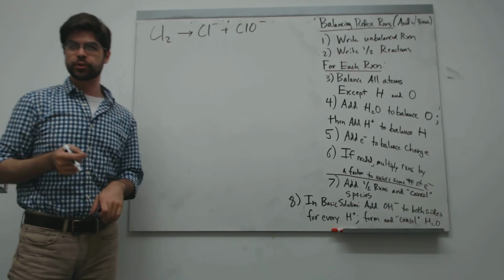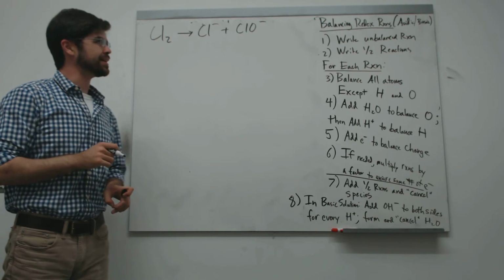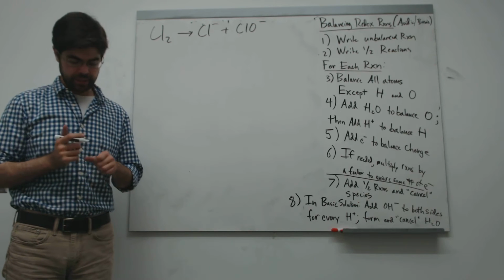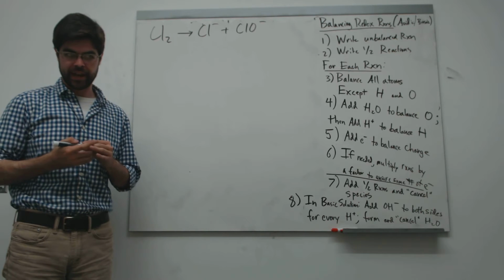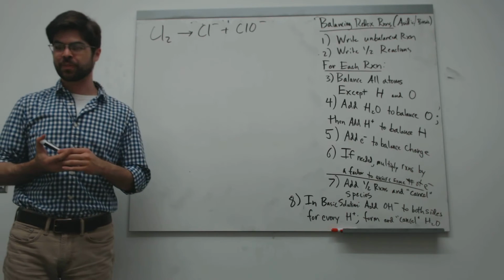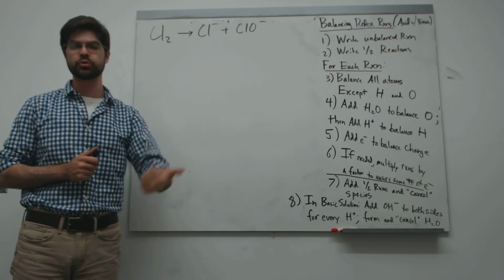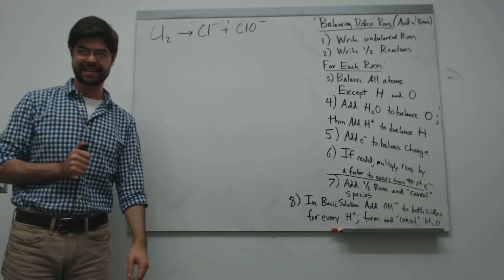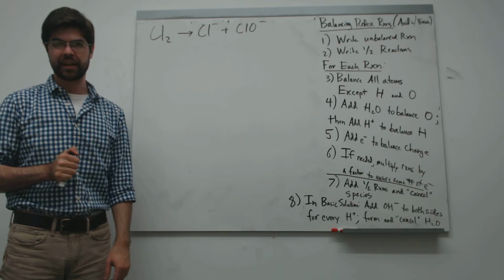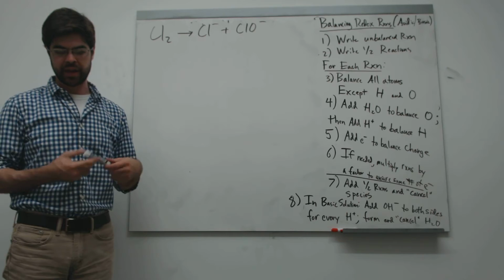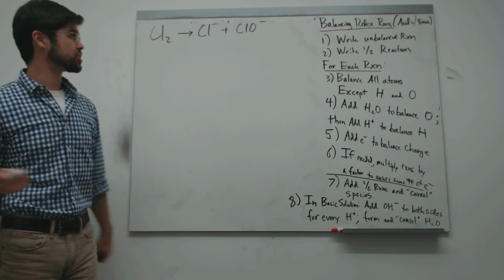All right, so this one is a little strange. This is a very special type of redox reaction. It's called a disproportionation reaction. It's special in that chlorine is serving both as the reducing agent and as the oxidizing agent. And it ends up being both oxidized and reduced during the course of this reaction, as I'll illustrate in just a second.